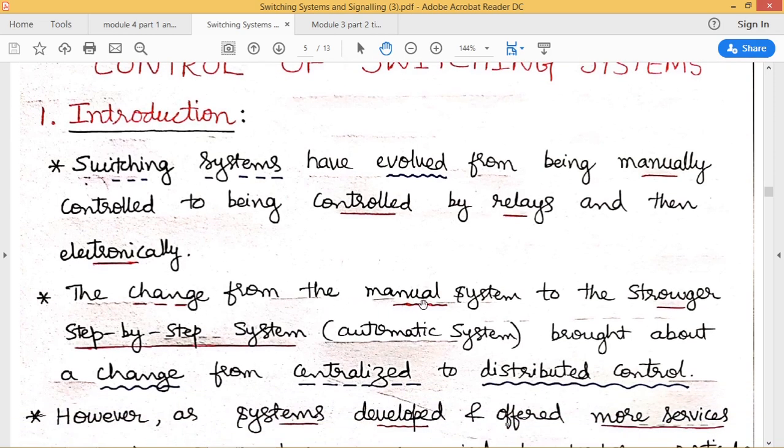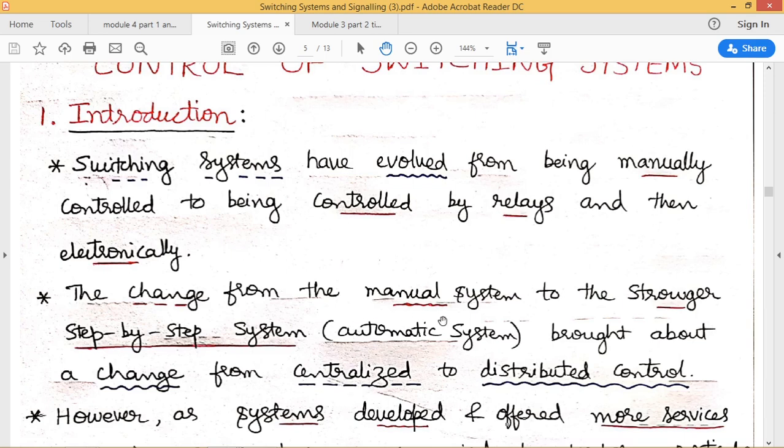So the change from the manual system to the Strowger step-by-step system, which is an automatic system, brought about a change from centralized to distributed control. Previously we used to have a centralized exchange office where all calls used to come to that particular office.